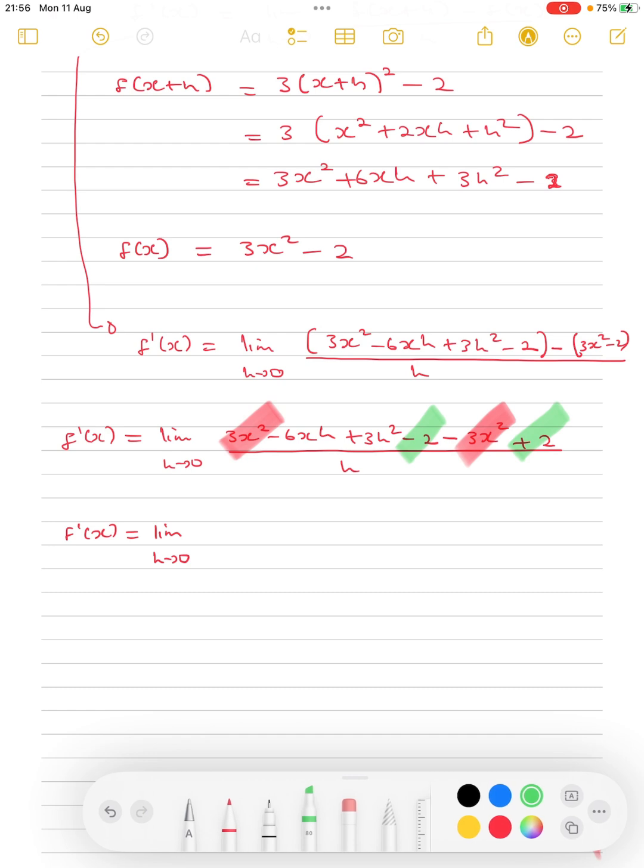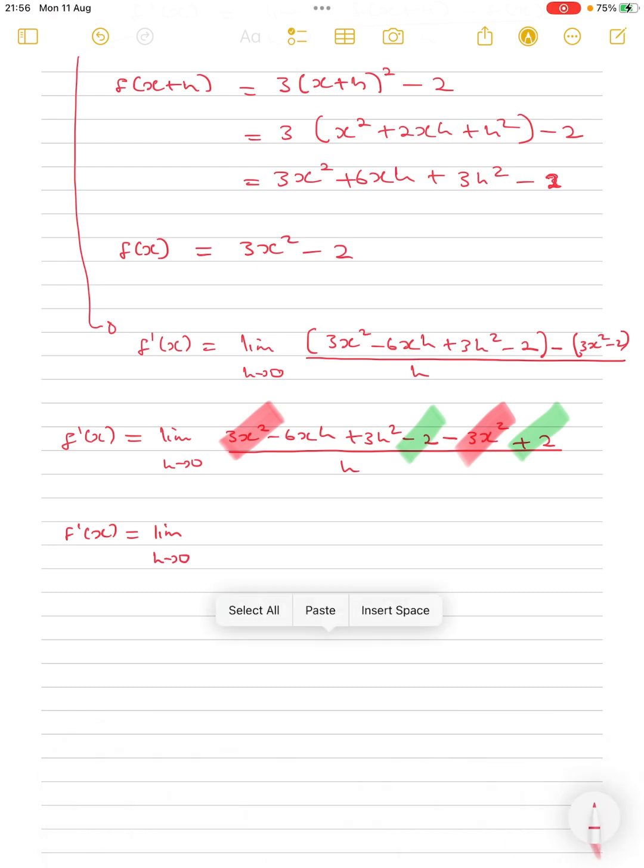So what you are remaining with now is 3h squared. No, it was plus. Apologies. It was plus here because you see it's plus, not minus. So plus 6xh.